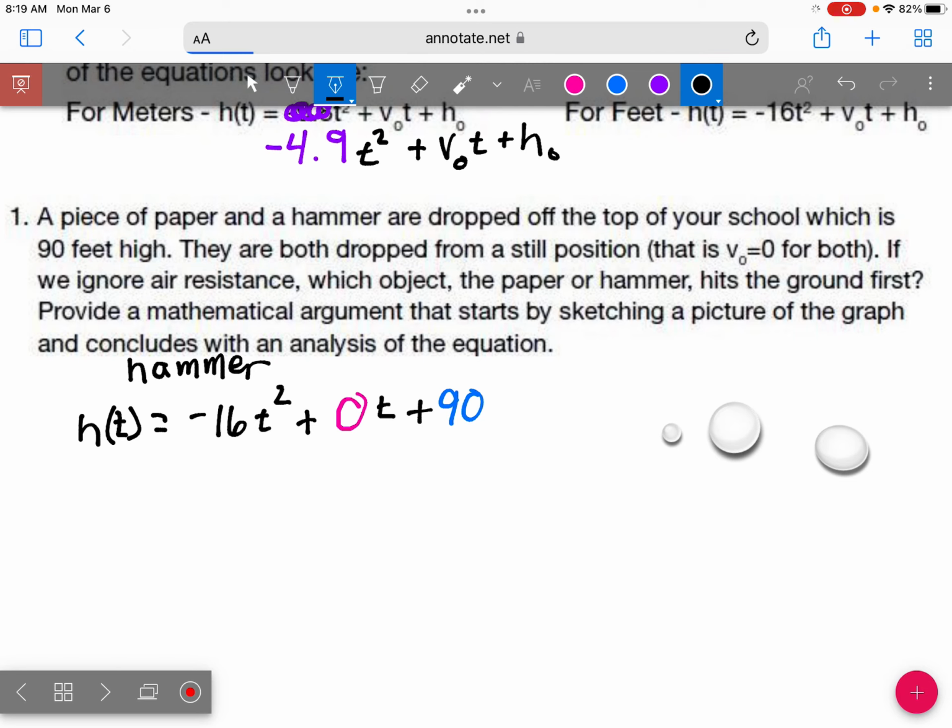Gravity is not affected by the mass. The thing that stops the paper and hammer from hitting at the same time out here is all the air in the way of the paper. And it did work. They did a feather and a bowling ball, technically, and they hit at the same time when air was not in play, because gravity is a constant force no matter what it weighs. The video of it is really cool, but I didn't have it. You can find it on YouTube, I'm sure.